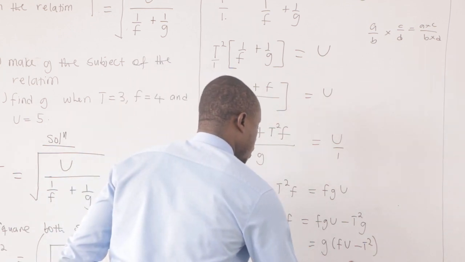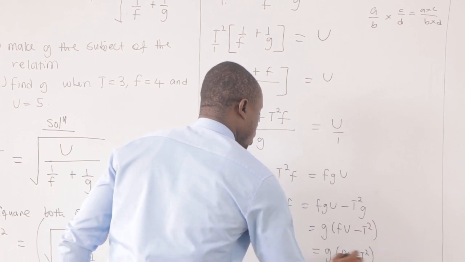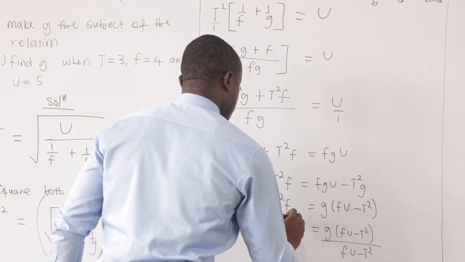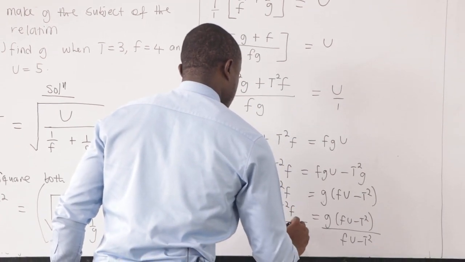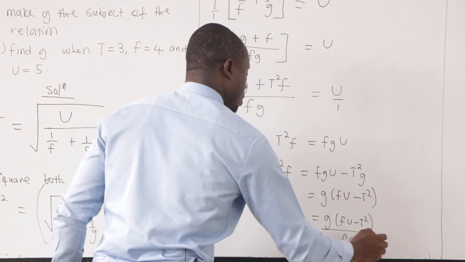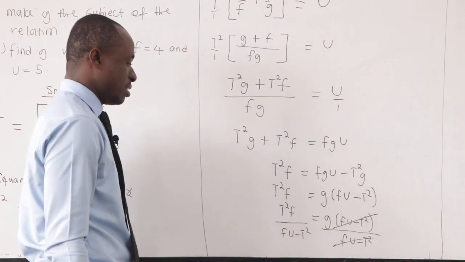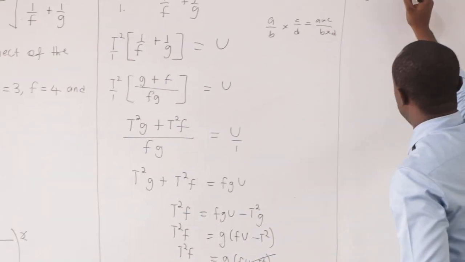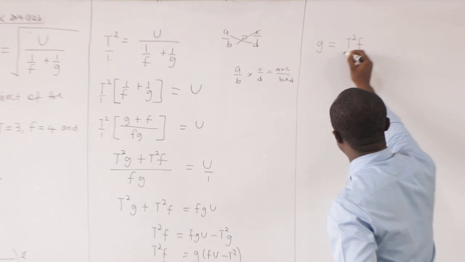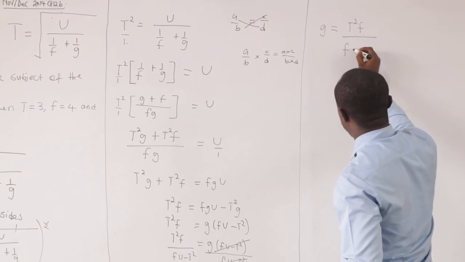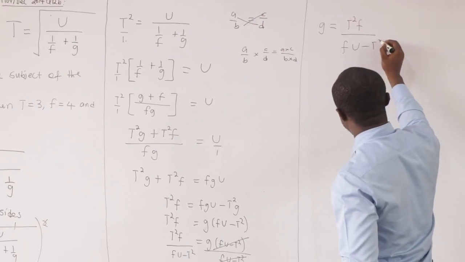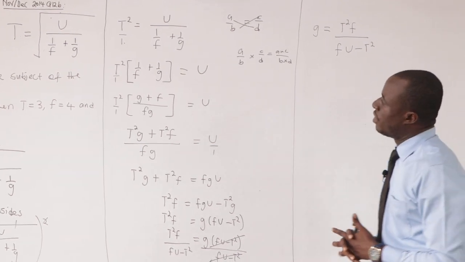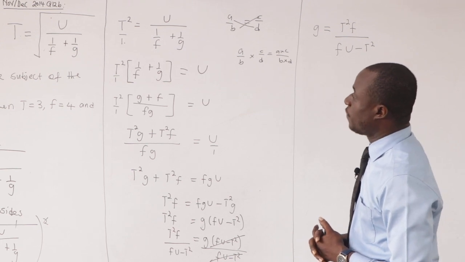So I have j times fu minus t squared, all over fu minus t squared. This will cancel out that. So from here, we have j equal to t squared f all over fu minus t squared.